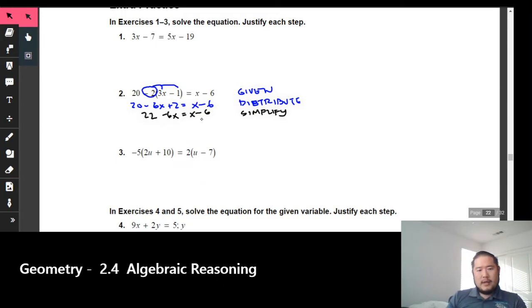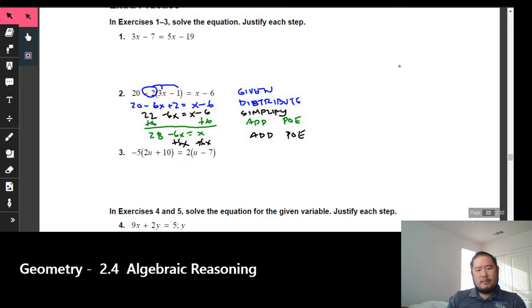Next up, I'll add 6 to both sides. And that would be the addition property of equality. And so I have 28 minus 6x is equal to x. I'll add 6x to both sides. And we have ourselves our addition property of equality again.